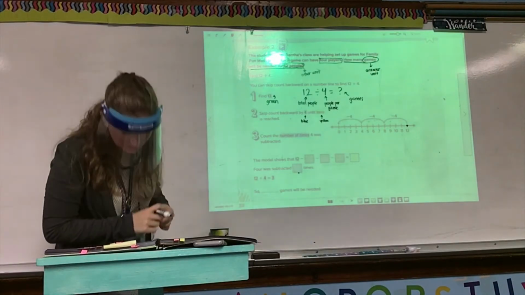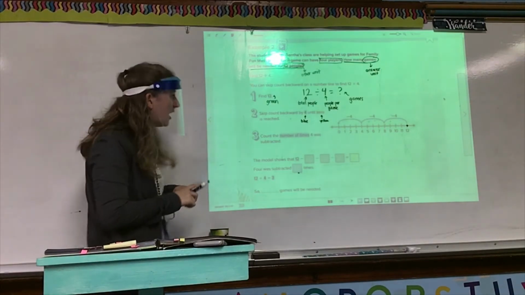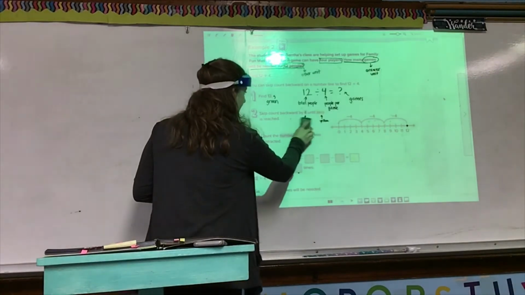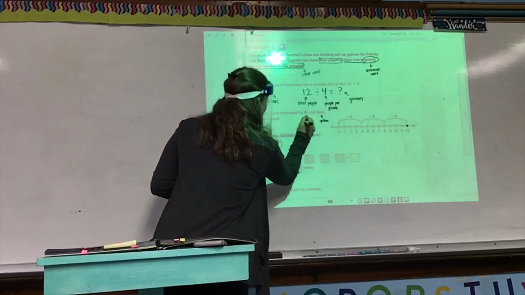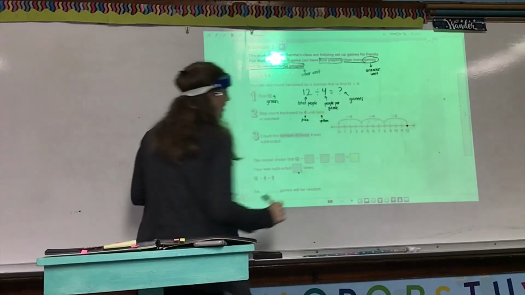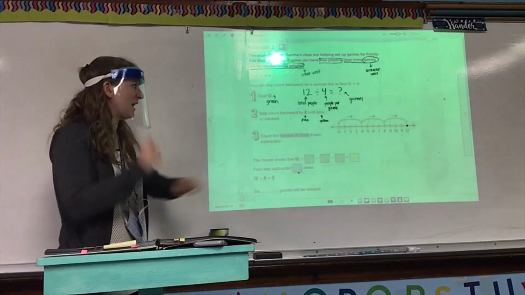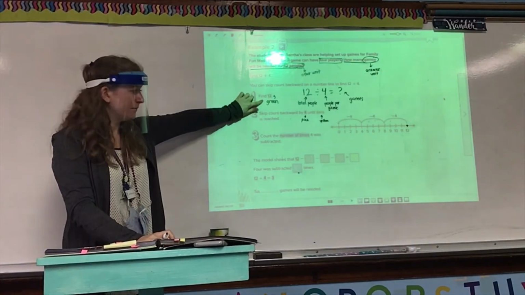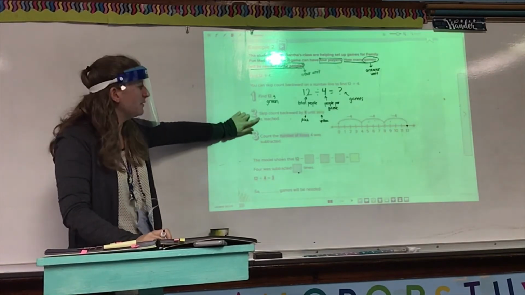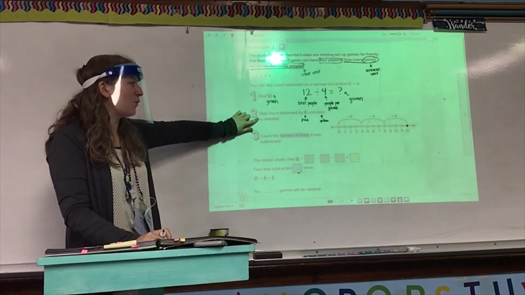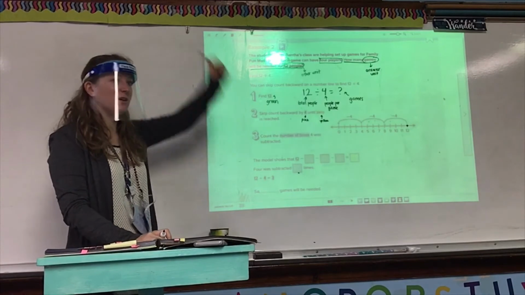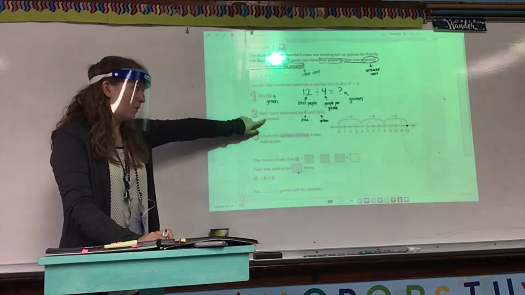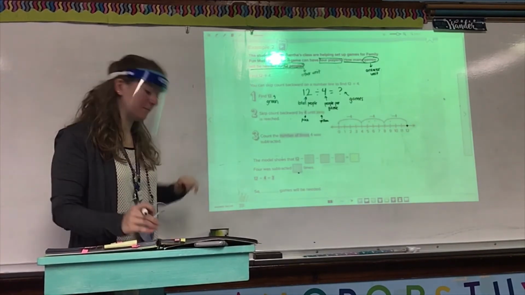Sorry, 4 is pink, 0 is yellow. So we found 12, which is green. We have to skip count backward by 4. That means we're counting backwards 4 spaces, which is pink, until we get to 0.